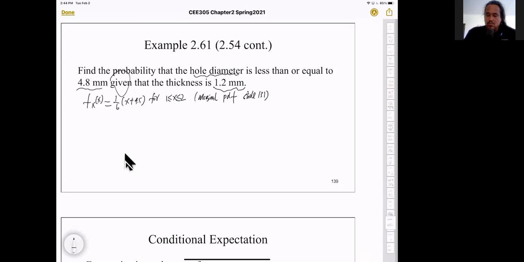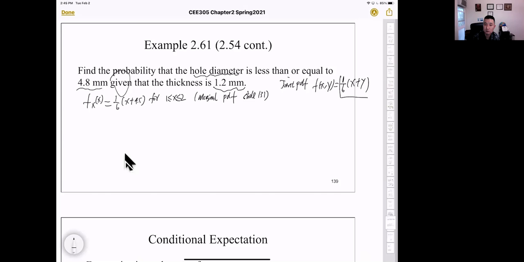But we also need the joint PDF, F_XY, which is given. So the joint PDF is this, and the marginal is this.